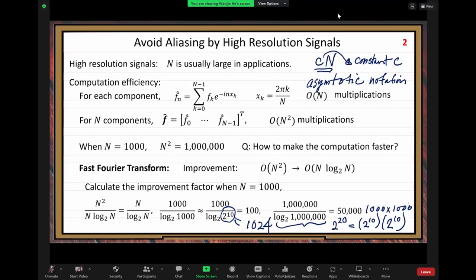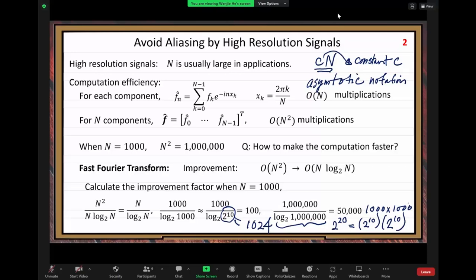Fast Fourier transform. So that's why this algorithm is so useful in real software. For signal processing, this algorithm must be in any software for signal processing.